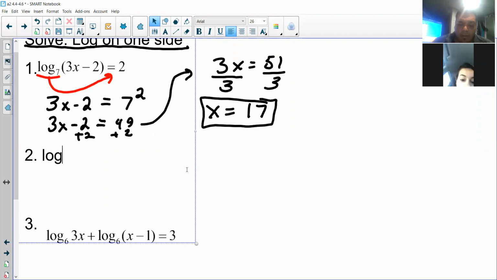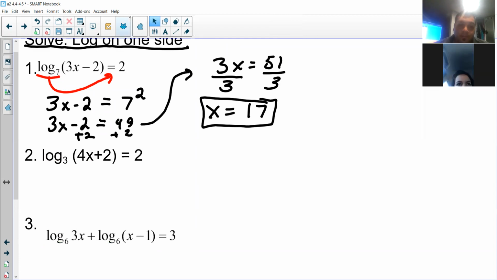Log base 3 of 4x plus 2 equals 2. So let's do that one as an example.